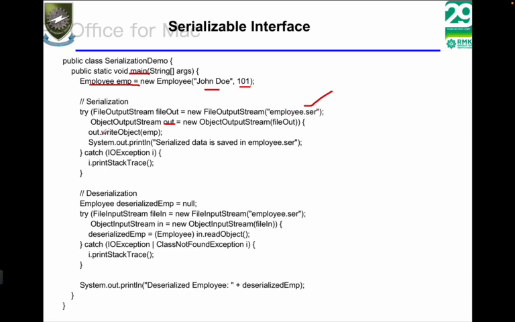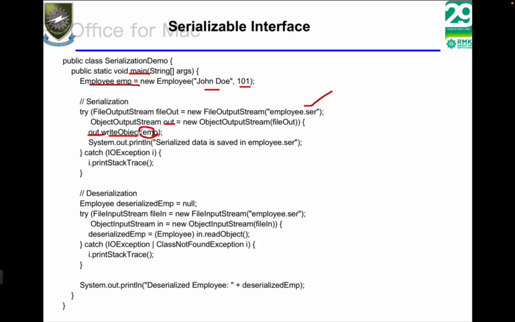Fine. What is this emp? Emp is an object of this particular class. This object is being serialized and passed to the file employee.ser. So with the help of FileOutputStream, I'm creating a file and passing it into the ObjectOutputStream.